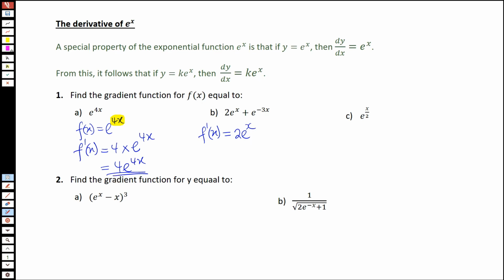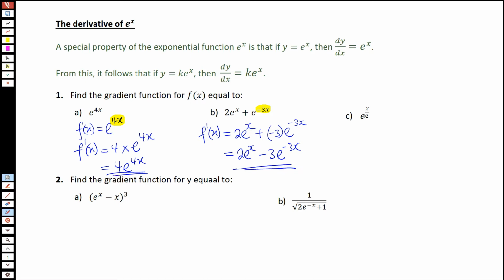And then here again we have to apply chain rule. So the derivative of negative 3x will be negative 3 multiplied by e to power negative 3x, because that's like e to power u, which just remains the same. So this solution will be 2 e to power x minus 3 e to power negative 3x. And that will be the required solution.